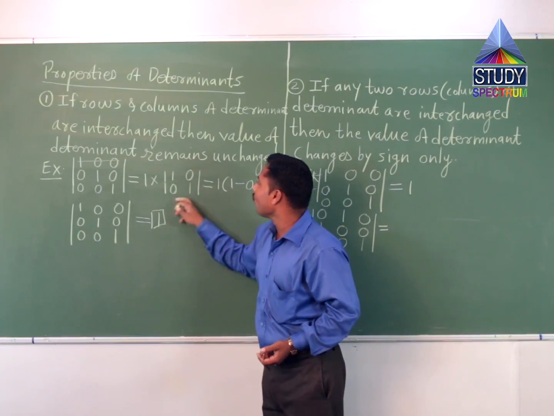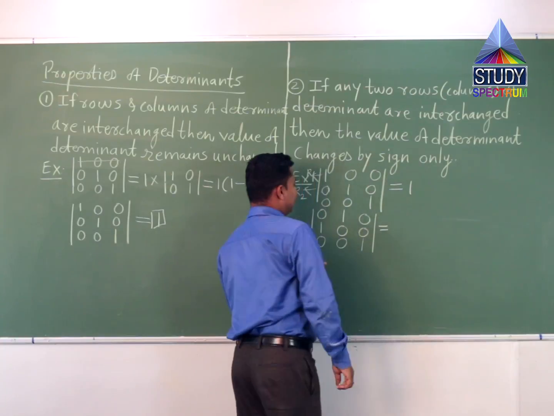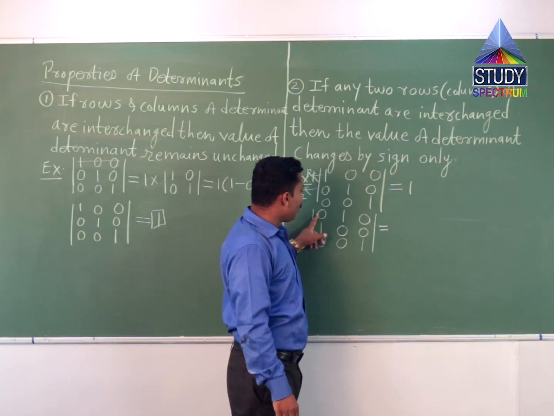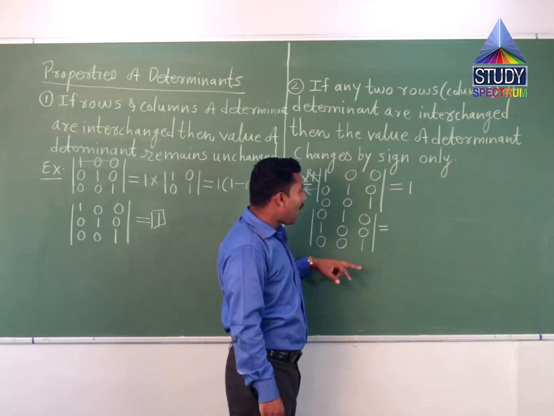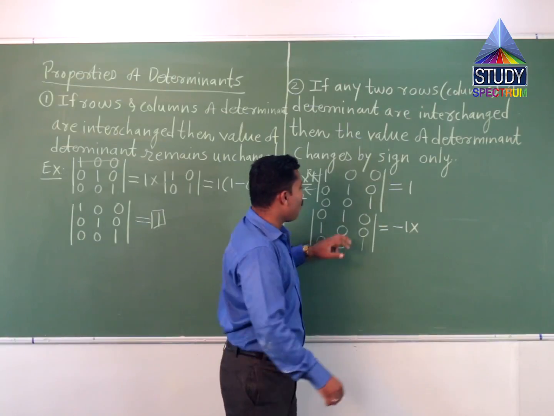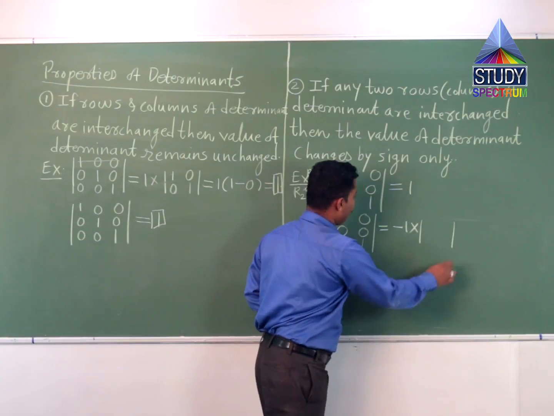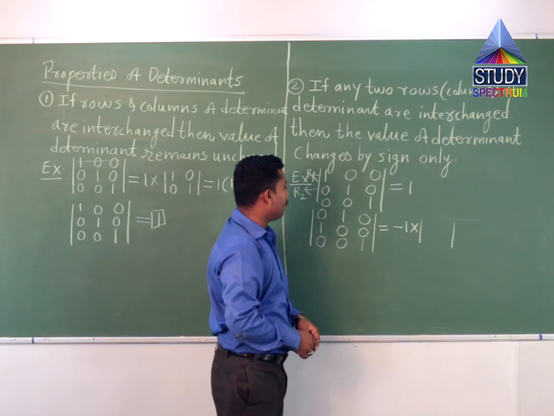So we only take 1 into the minor of 1. Also here it is the same, 0 into the minor of this 0 is 0, minus this 1 into the minor of 1. What does the minor of 1 mean? Delete the row and column passing through this number. So what happened?